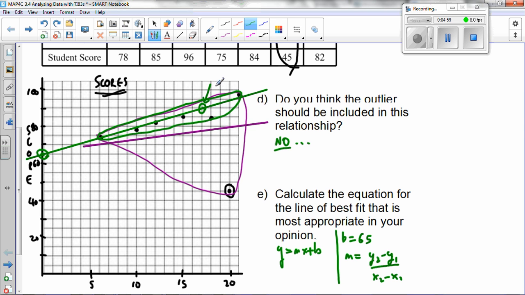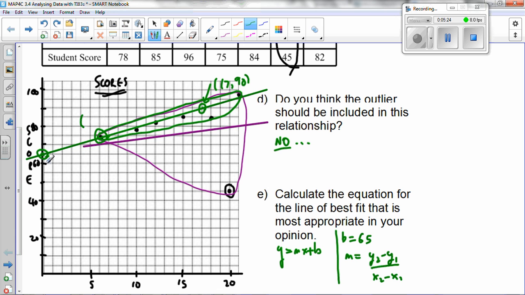I like picking nice points that are easy to read, and this one goes straight through the corner of my graph paper, and that's 17 and 90. Where's another one? This point here looks like the line's right on it, and it's actually a point from my table, so I know exactly what it is.